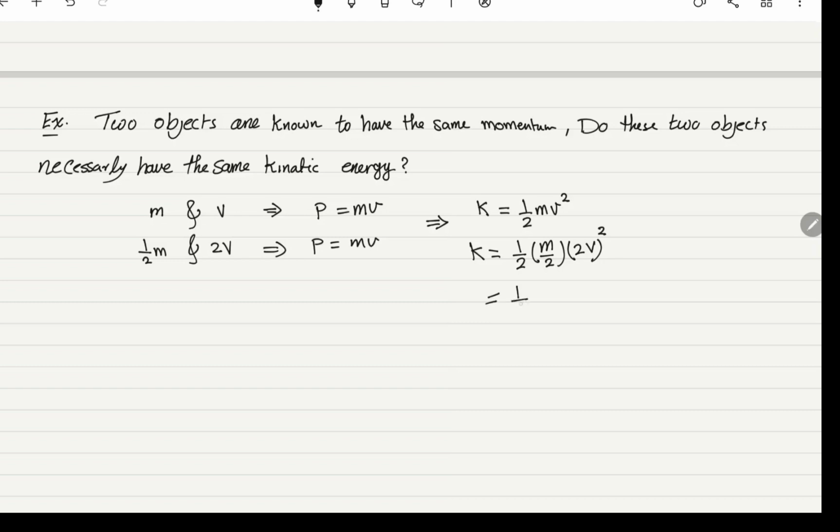In other words, 1 over 4 times 4v square, so the kinetic energy for this one equals m v square, or 2 times half m v square. So the simple answer for this question is no.